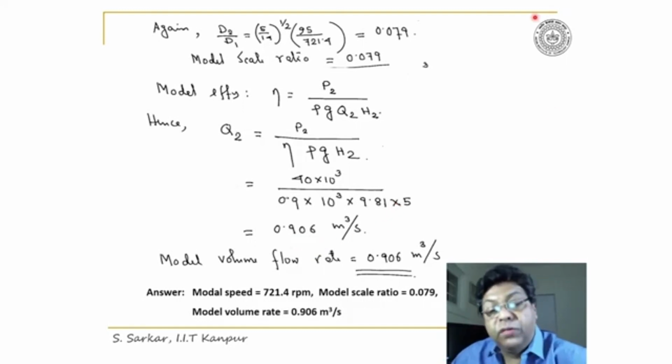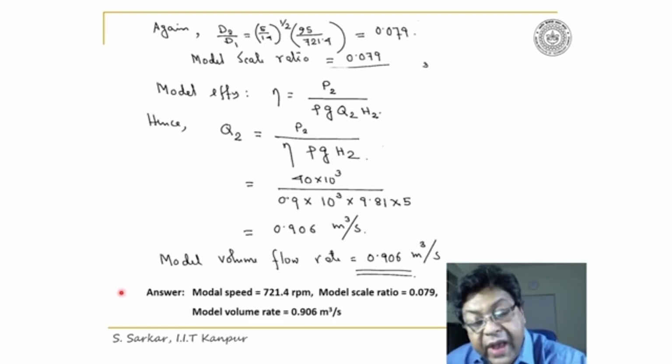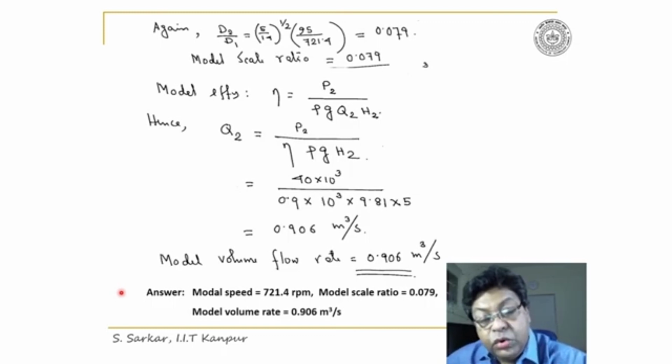Thus, the model flow rate is 0.906 meter cube per second. Thus, I got the answer: model speed is 721.4 rpm, model scale ratio is 0.079, and model volume flow rate is 0.906 meter cube per second.